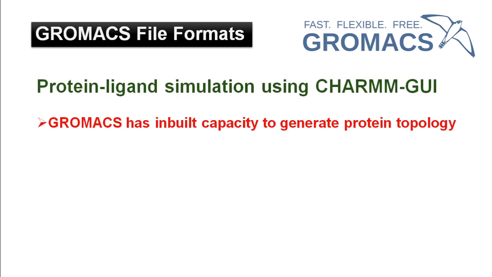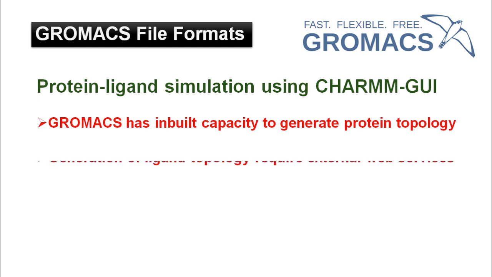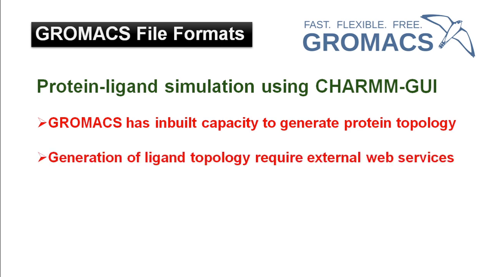The main problem with protein ligand simulation is that GROMACS has inbuilt capacity to generate the protein topology, but it cannot generate the ligand topology. So we need an external web service like CGenFF or PRODRG or LigParGen to generate the ligand topology, and then we add the ligand topology to the protein topology to make a system.